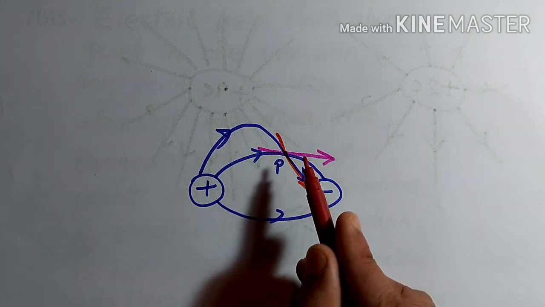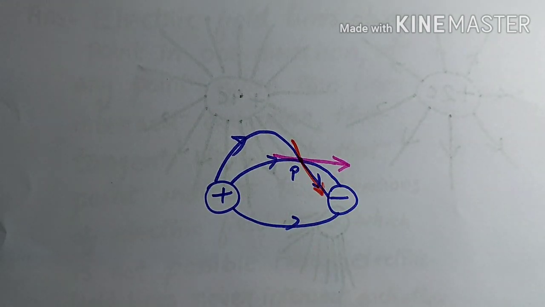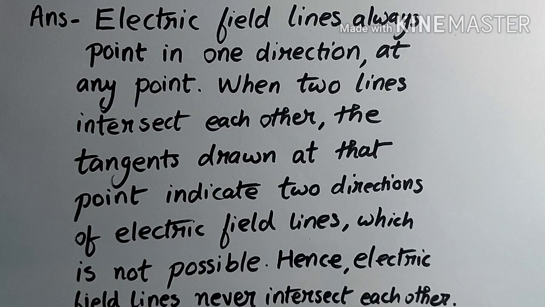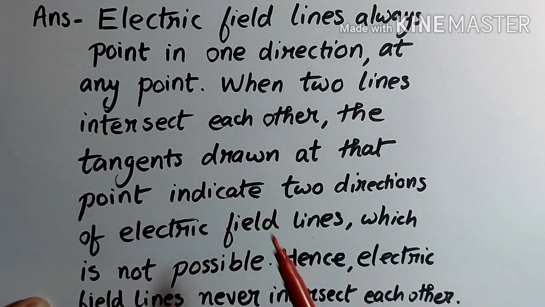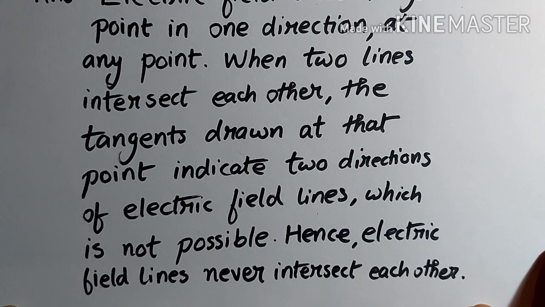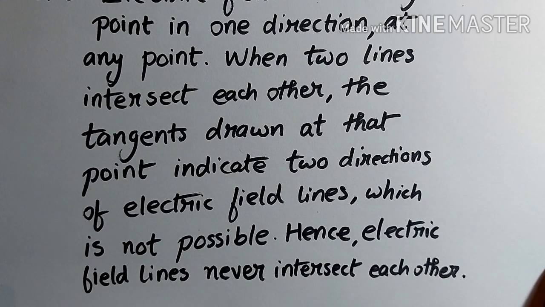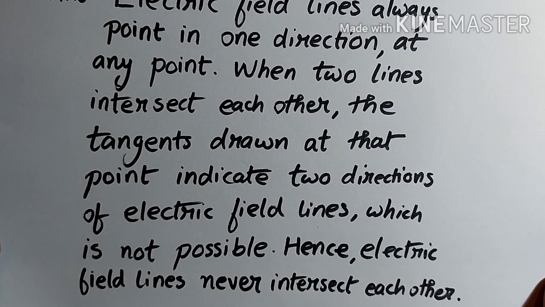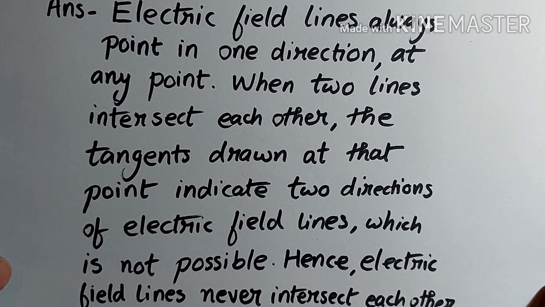So at the particular point P, we have two tangents showing two different directions, which is not possible because electric field has a single direction, not multiple directions. So the answer says, when two lines intersect each other, the tangent drawn at a particular point indicates two directions of electric field lines, which is not possible. Hence, electric field lines never intersect each other. So please note down the answer. Clear.